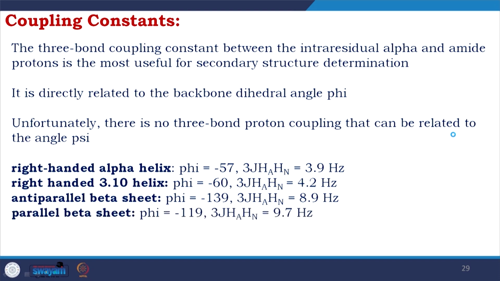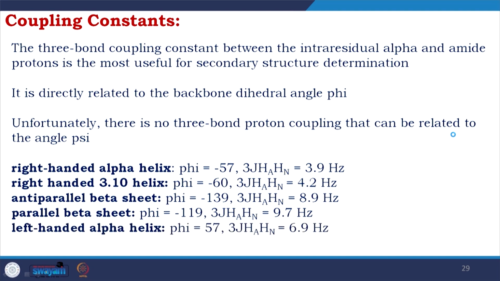Parallel beta sheet: phi equal to minus 119, 3JHAHN is 9.7 Hz, and left-handed alpha helix: phi equal to 57, 3JHAHN is 6.9.